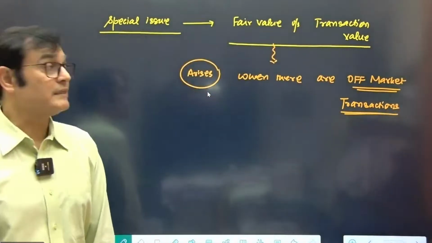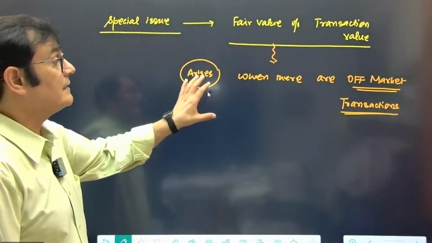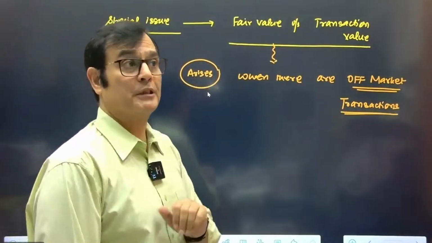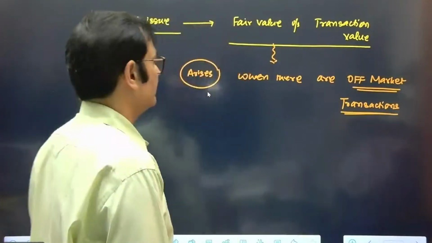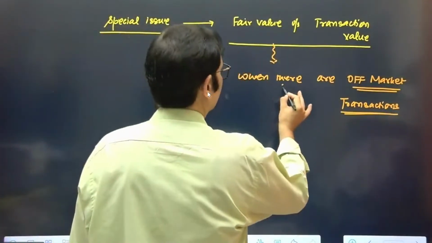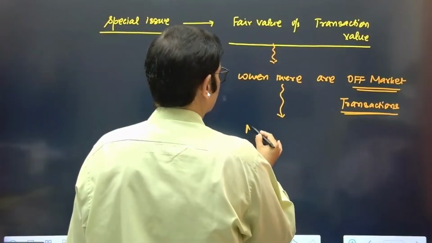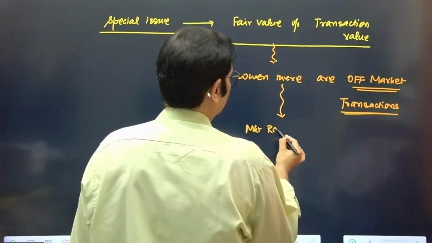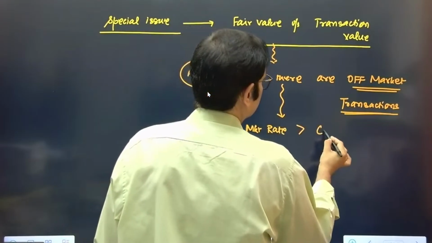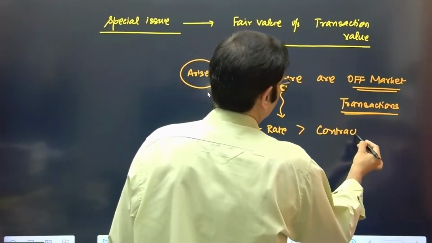So your first focus point in the question would be to see whether there is any off-market transaction in the question. If yes, then this concept will trigger. So how do you identify an off-market transaction? You will see that the market rate of interest is going to be greater than the contracted rate of interest.